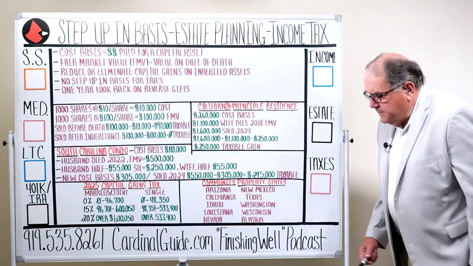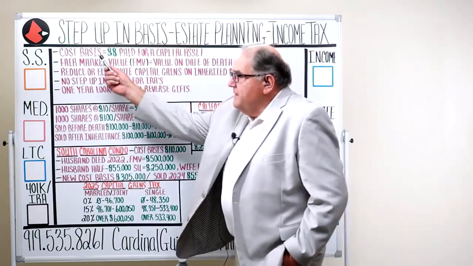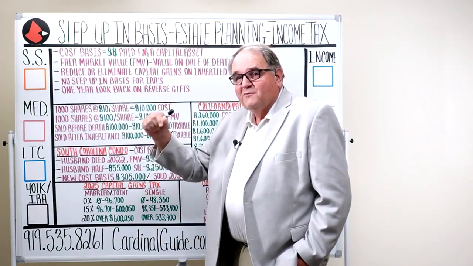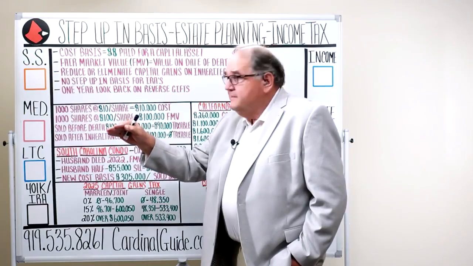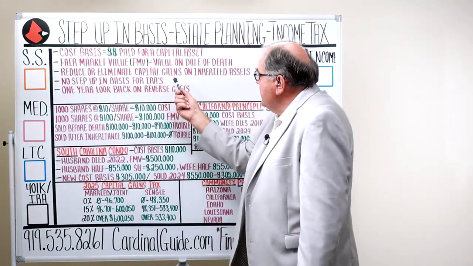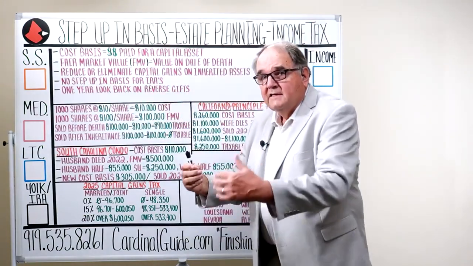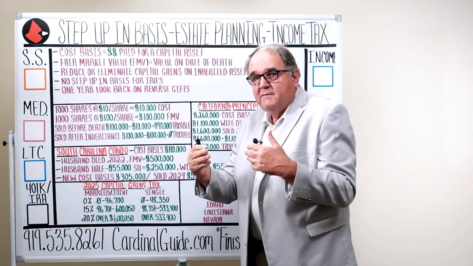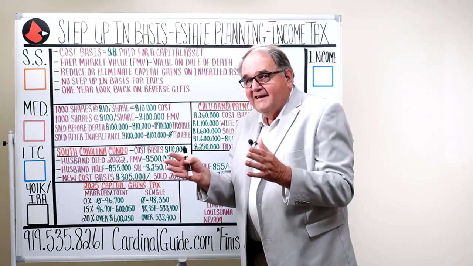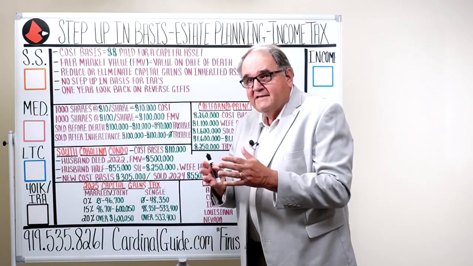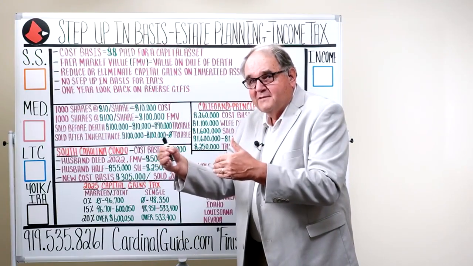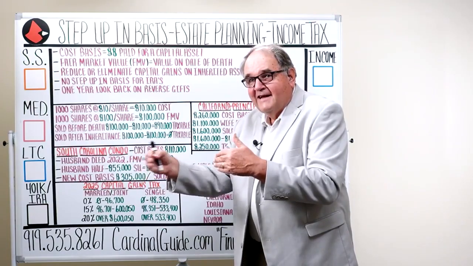Okay. So we know what cost basis is, the amount you paid for it. We know what fair market value is, what it was worth on a person's death. The purpose of this whole thing is to reduce or eliminate capital gains on inherited assets. So tying in with what Tom said, many times we are looking at all of a person's assets and helping them decide which are we going to sell during your lifetime and just go ahead and pay the tax. And how are we going to sell that?